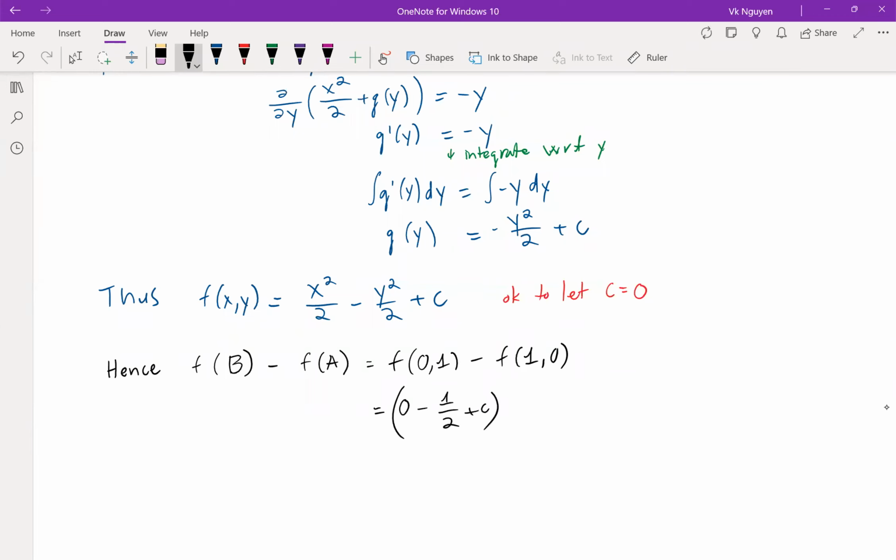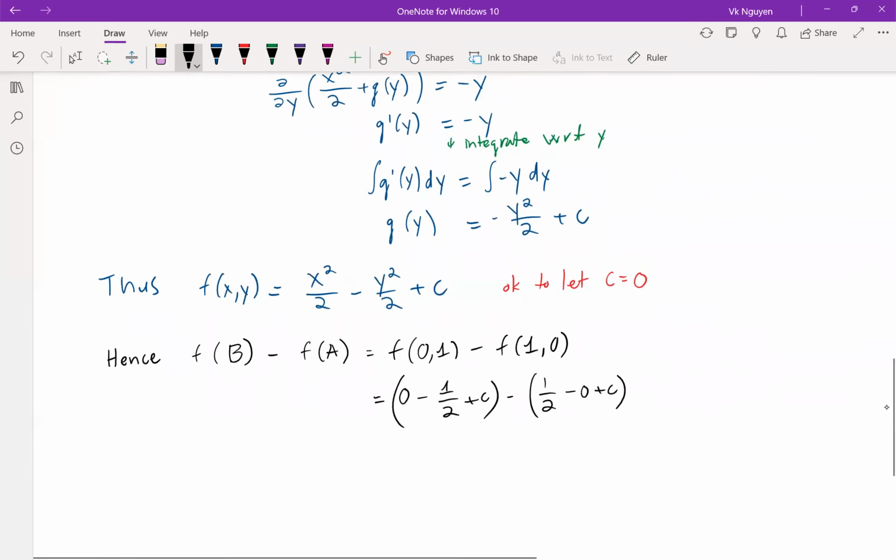I'm going to do the plus c, so you see that it is not necessary to have the plus c in here. And we see that we have negative 1. So putting all of this together, what the heck is F(B) and F(A)?